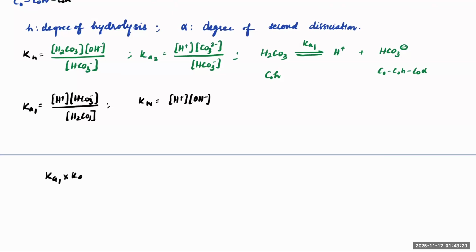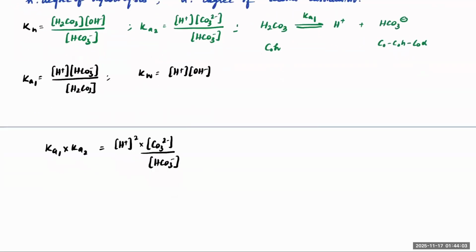Ka1 multiplied by Ka2. What do I get here? So you notice that this HCO3 minus and HCO3 minus will get cancelled, and you will be left with H plus whole square multiplied by CO3 2 minus divided by H2CO3, correct? So instead of taking any support from KH, if I know Ka1 and Ka2 values given to you, you can directly relate with the H plus ion concentration this way.